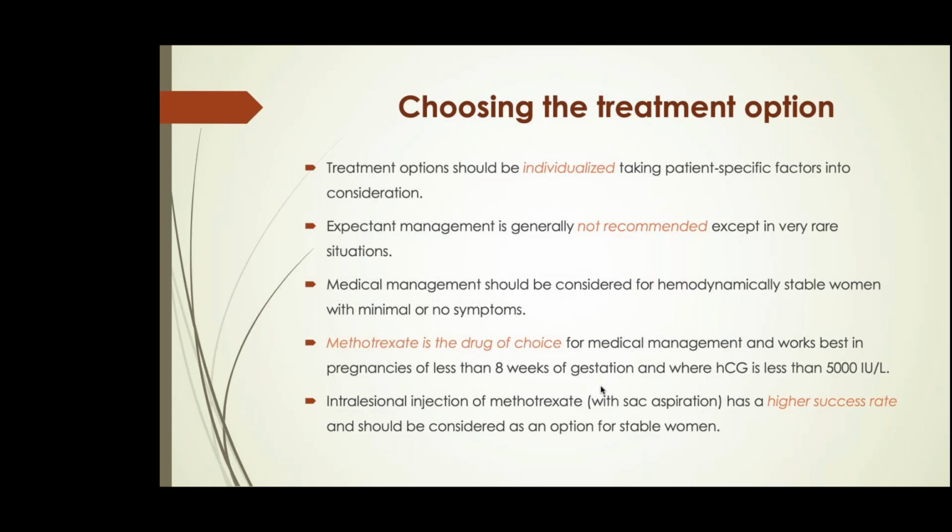Methotrexate is the drug of choice for medical management and works best in pregnancies of less than 8 weeks of gestation and where the HCG level is less than 5,000 international units. Intralesional injection of methotrexate with sac aspiration has a higher success rate and should be considered as an option for stable women.